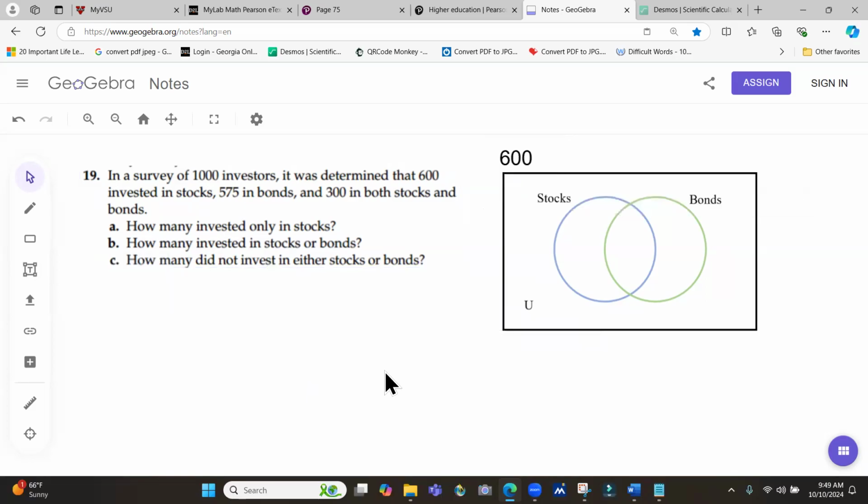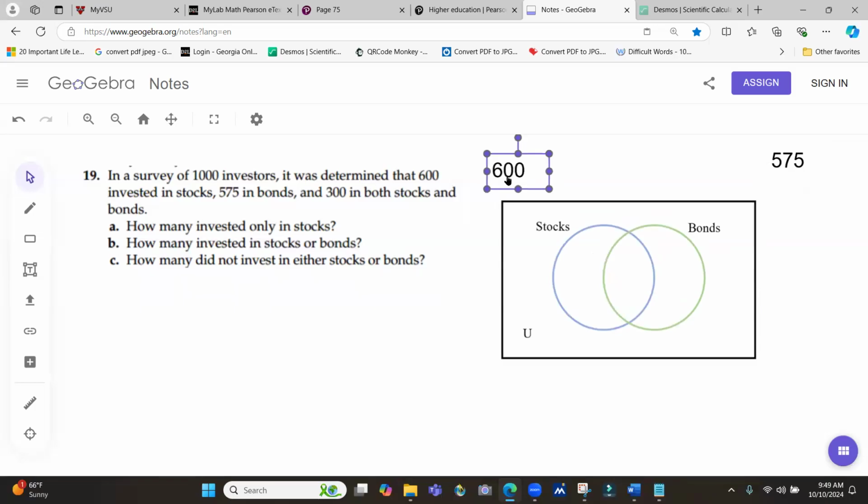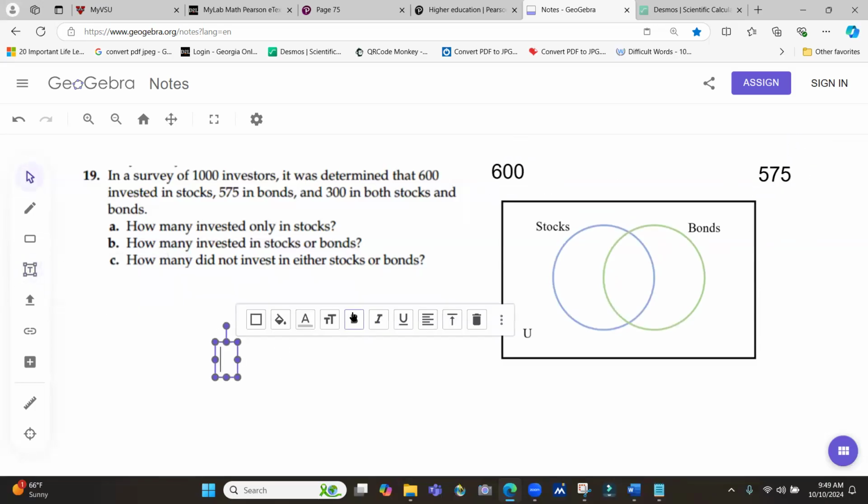It's kind of outside the Venn diagram so far. 575 invested in bonds and 300 in both. So this football is 300. That I can say with certainty. This is 300.